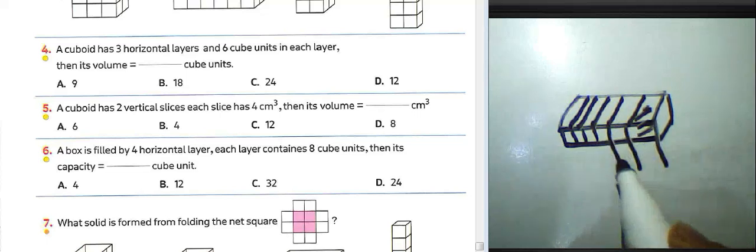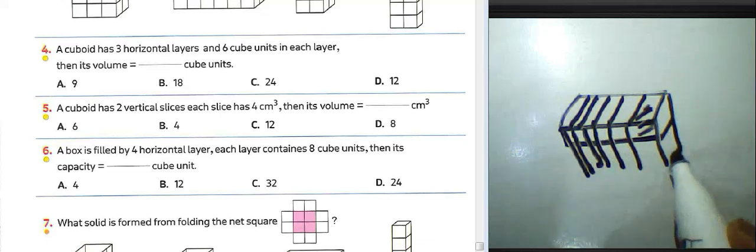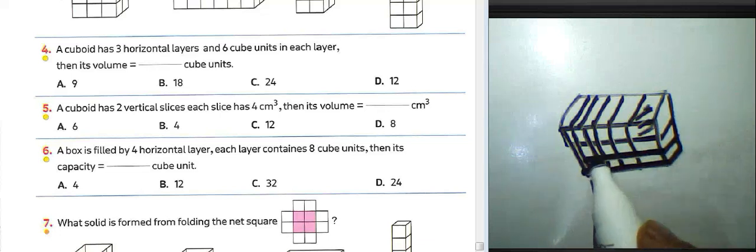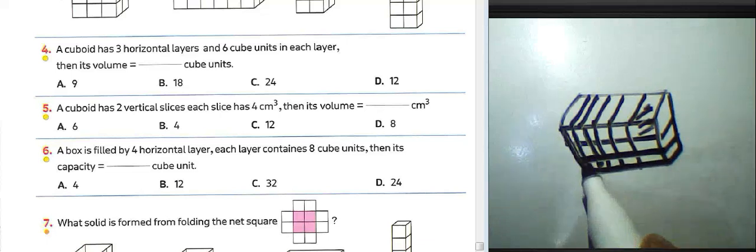We can count here. How many horizontal layers? 1, 2, 3. And 6 cubes in each one. 3 times 6 equals 18.